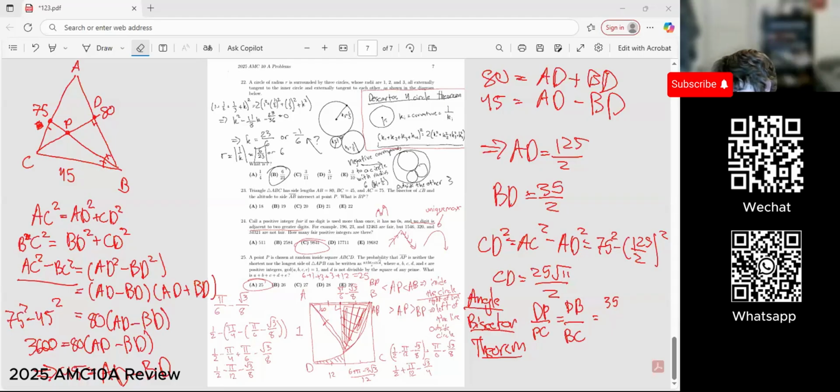Oh, okay, so we have 35 over 2 right here, and PC is 45.